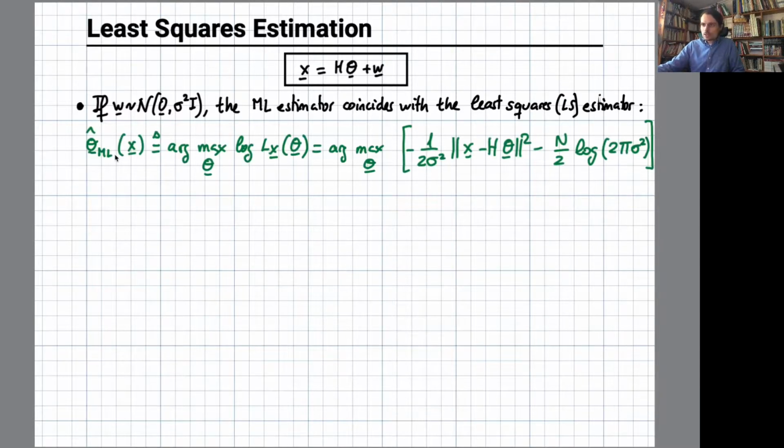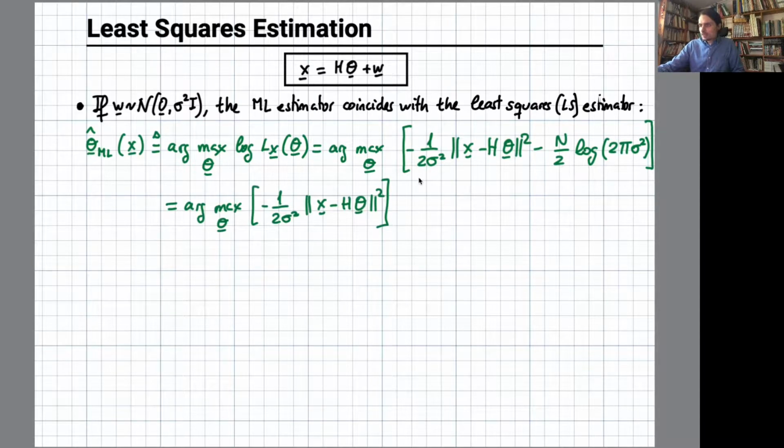So to this end, recall that theta hat ML is just the argmax of the log likelihood function, and for this model we saw that this function is given by the sum of these two terms.